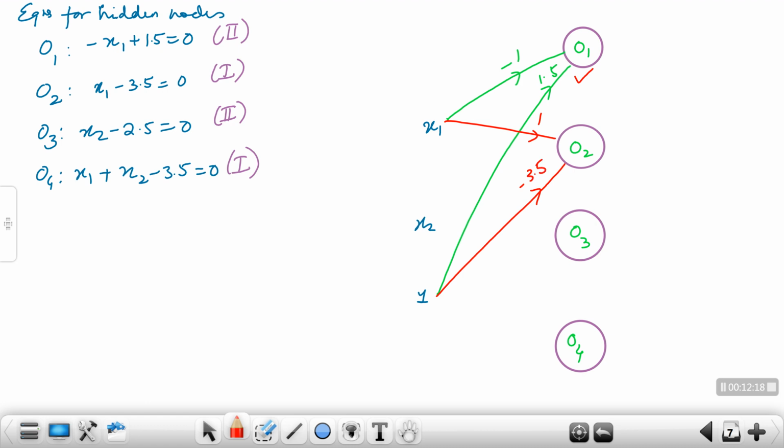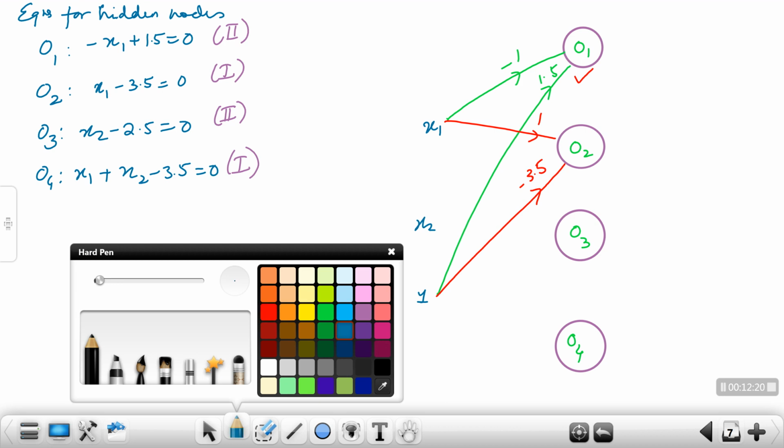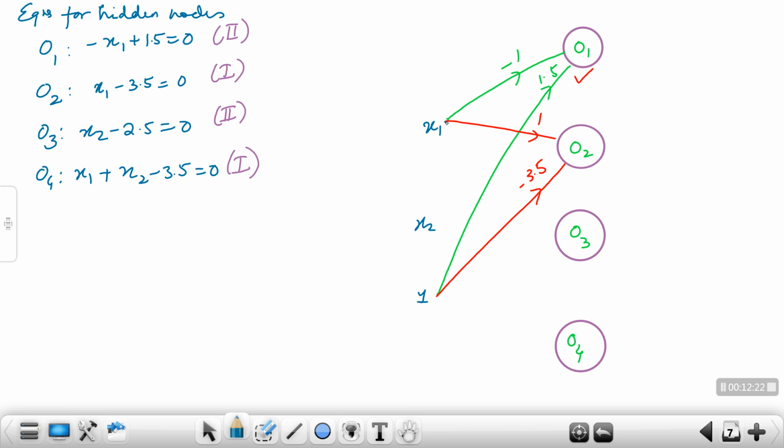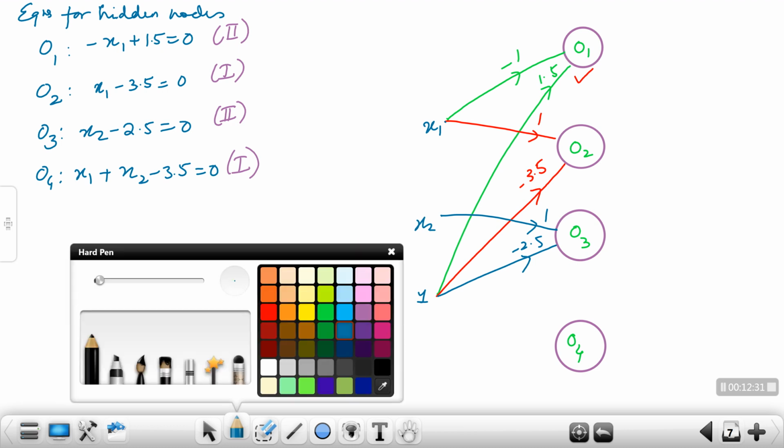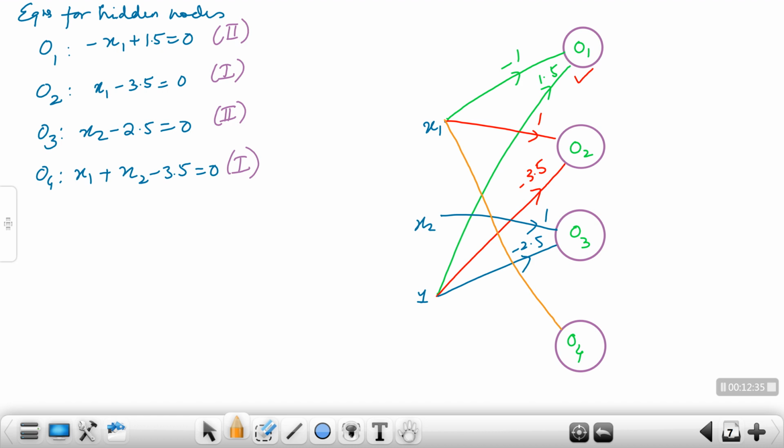Next, the third node is added in step 3, and that is nothing but x2 is connected with a weight 1 and the bias is connected with a weight -2.5. And last, the fourth node will get added. For x1 the weight is 1, x2 also the weight is 1, and for the bias 1 the weight is -3.5.